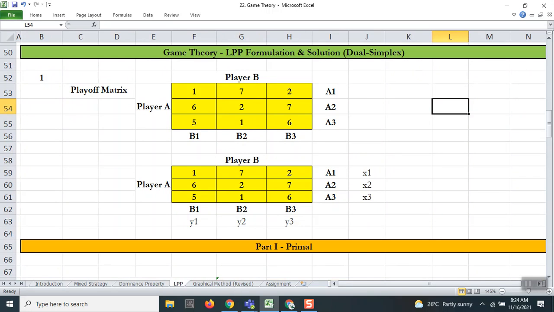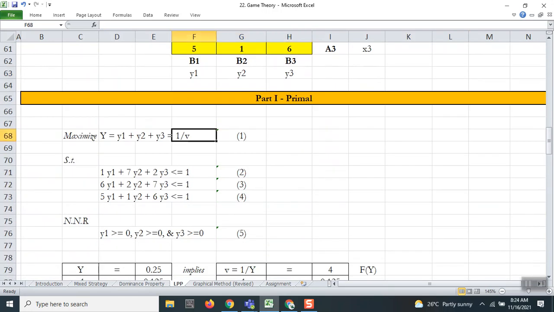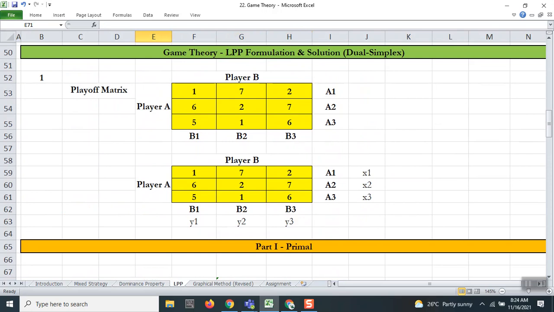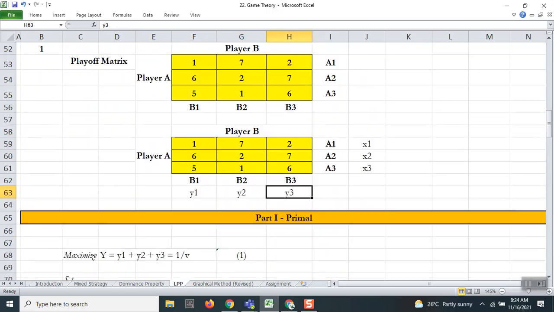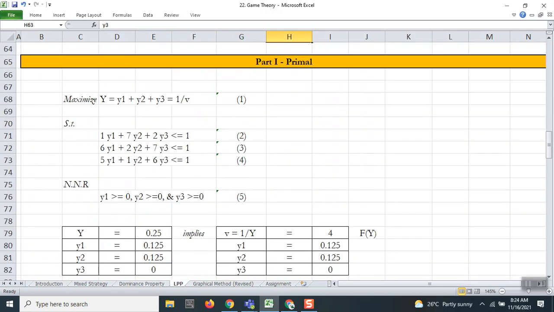The initial problem gets converted and solved as a maximization case with b1, b2, and b3, which are y1, y2, and y3. The objective function, capital Y, equals the sum of y1, y2, and y3, and it equals 1 by v. The structural constraints are row-wise, like 1 into y1, 7 into y2, and 2 into y3, less than or equal to 1, since it's a maximization case.